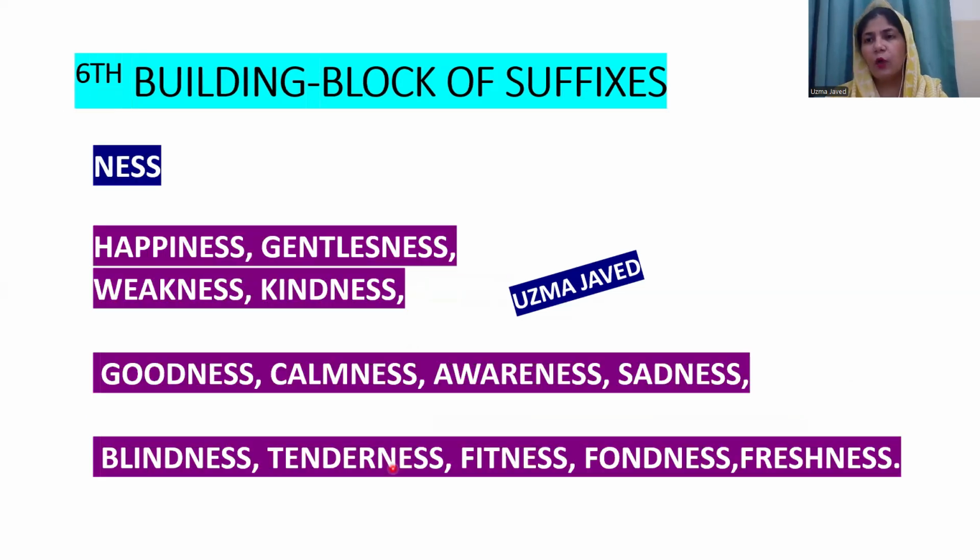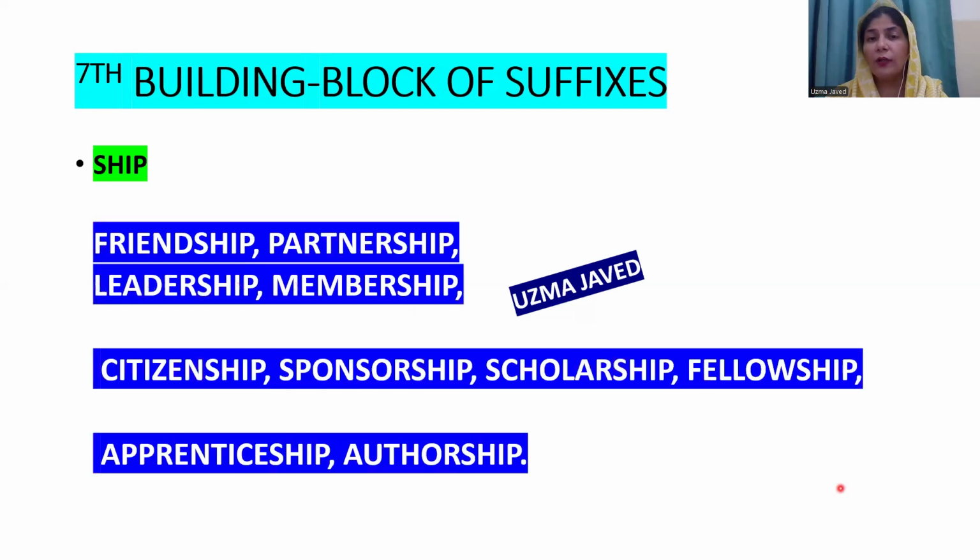The next building block is ness. You can make several words with this suffix, like happiness, gentleness, kindness, sadness, goodness, blindness, tenderness, fondness, freshness, and the list goes on and on. And the next suffix is ship.